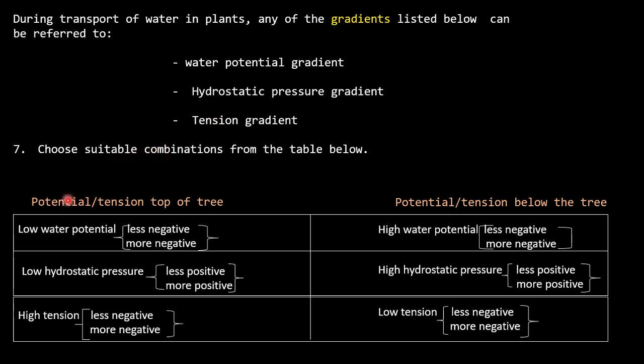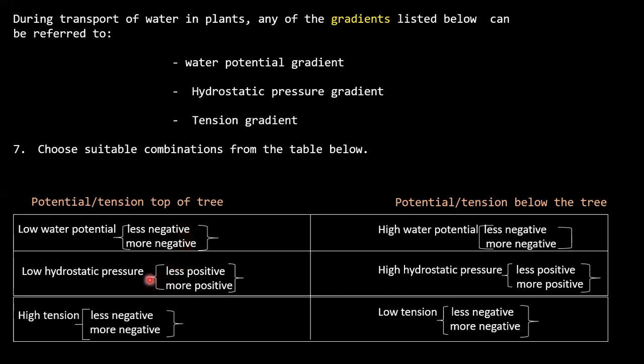So we have potential or tension at the top of the tree, potential or tension below the tree. And we have to work out water potential at the top of the tree is low. The water potential below the tree is high. And the question is, if it's high, is it less or more negative? If it's low, is it less or more negative?